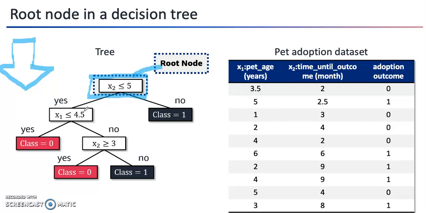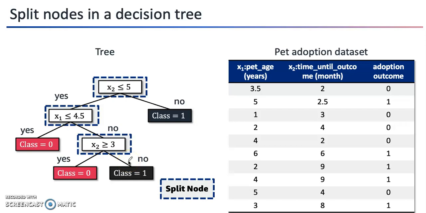Then we start navigating, going down from that node. Just as a reminder, the root node is the point of departure, the starting point, with a condition.